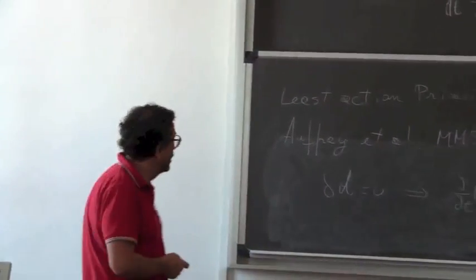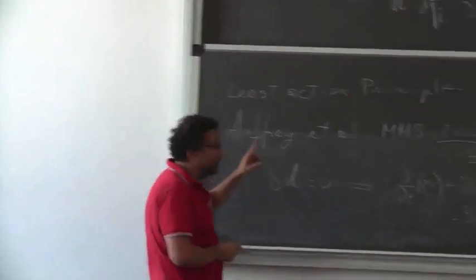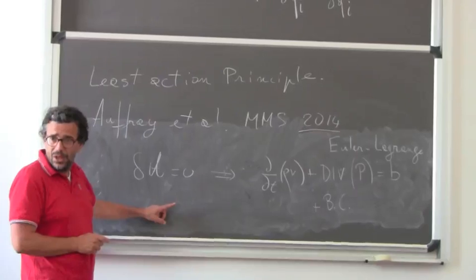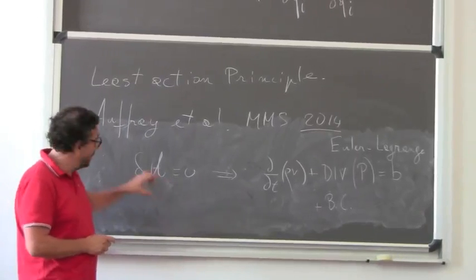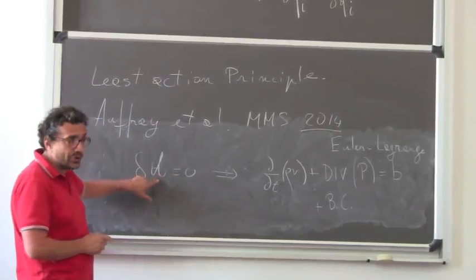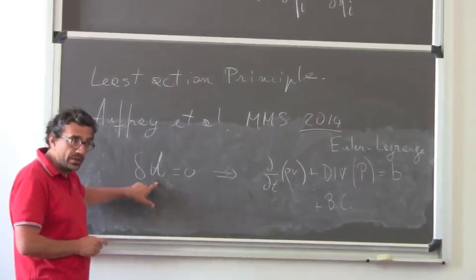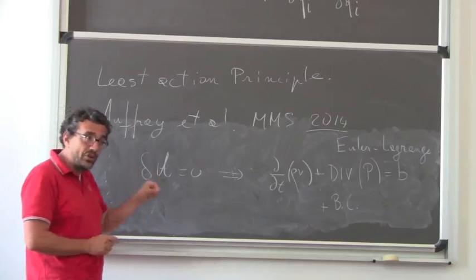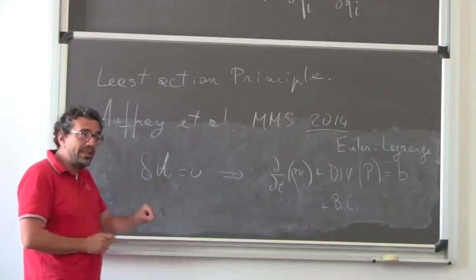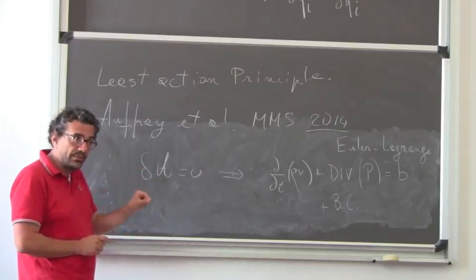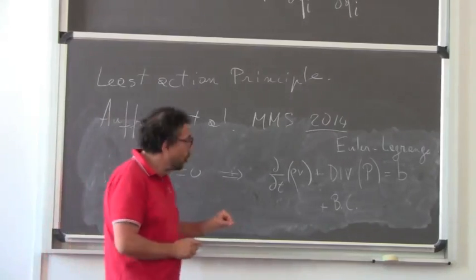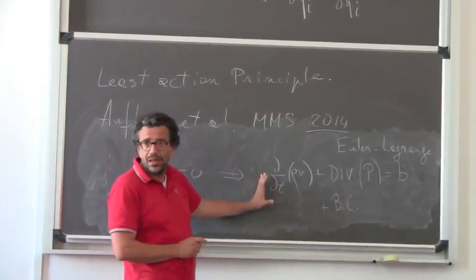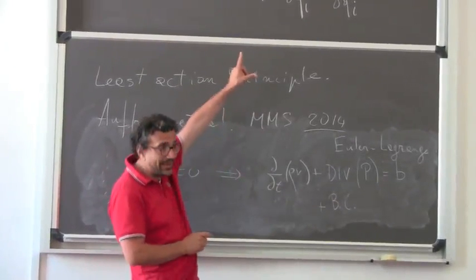Now, using finite elements, you can reduce the problem of finding the minimum of action for a continuous body to the problem of finding the minimum of action for a discrete finite dimensional system. So, instead of solving this, you solve that system.